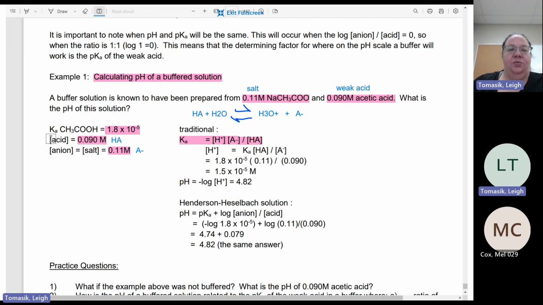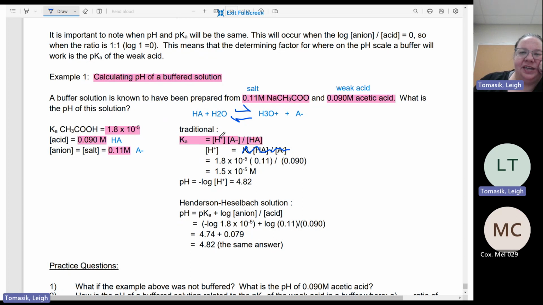And then we just substitute in. We know that Ka is 1.8 times 10 to the negative 5. We know that HA is... What did I mess up here? Either I messed up the substitution or I messed up the rearrangement. Yes, I did. I messed up the rearrangement.